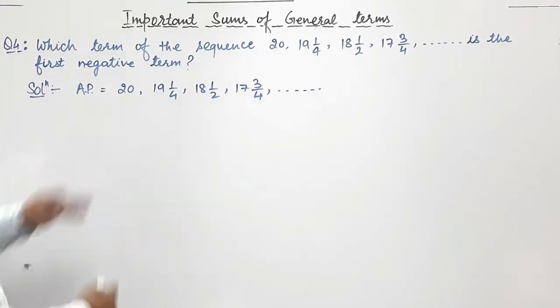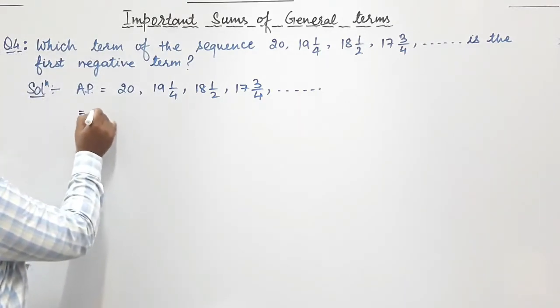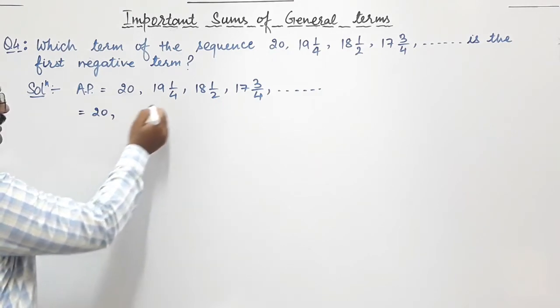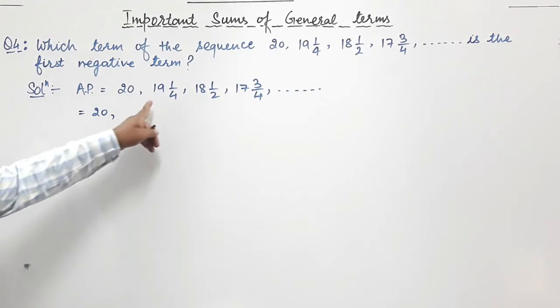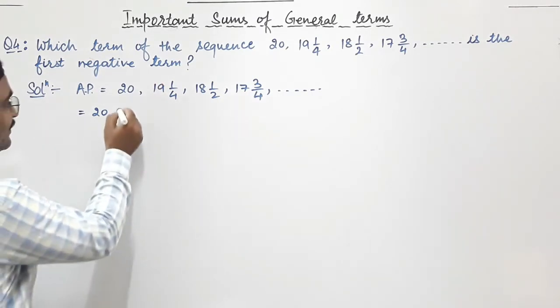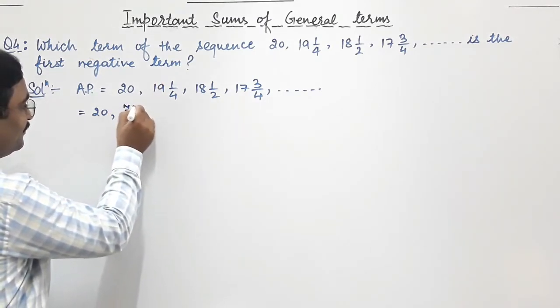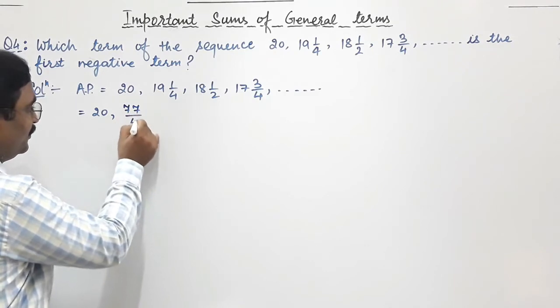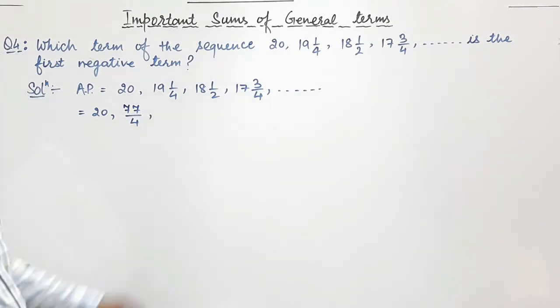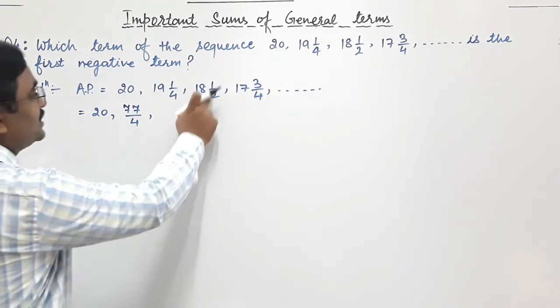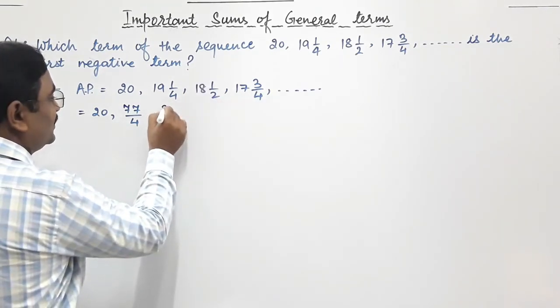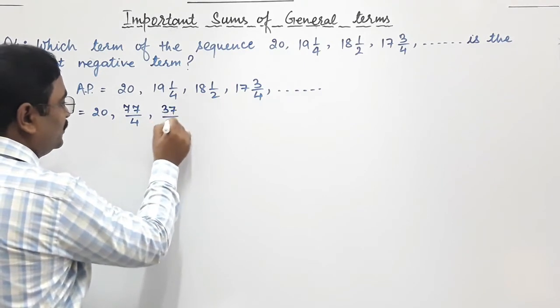So this sequence can also be written as 20, 19 and 1 by 4: 4 nines are 76 plus 1 is 77 upon 4. Next, 18 and half: 2 eighteens are 36 plus 1 is 37 upon 2.